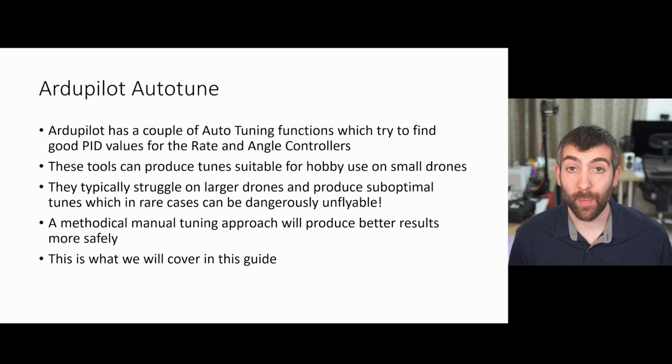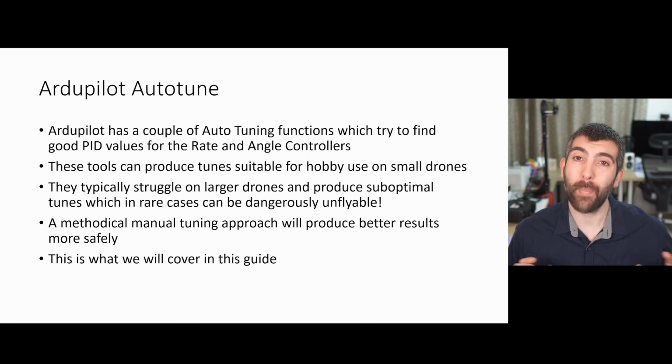Before we dive into manual PID tuning, I would be remiss if I didn't mention the ArduPilot Autotune functions. Now, ArduPilot has a couple of different auto-tuning scripts which try to find reasonable PID values for the rate and angle controllers. In general, these tools can produce suitable tunes for hobby use on small drones, but they often struggle with larger drones, drones that are slower to respond, and they can produce suboptimal tunes which in rare cases can be dangerously unflyable.